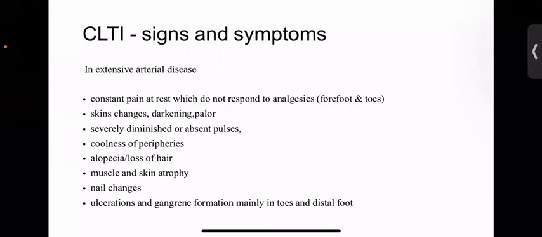We also pick up nail changes, where the nails are brittle and easily breakable because of the decreased blood flow and nourishment that gets to them. And in some cases, depending on the severity, we can have ulcerations and gangrene formation, mostly in the toes and the distal end of the foot.